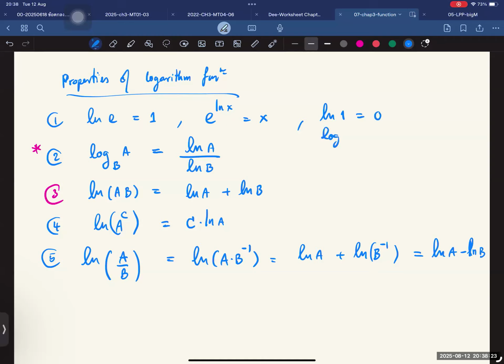And the log of 1 in any base is still 0, because log of 1 is 0. The other one, no need. Just remember that the log of 1 is 0. Okay, just review all of these 5 properties, and then I will show you using only these 5 to get the properties in the note.